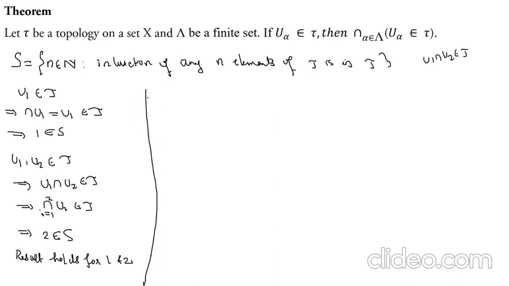So we use induction on n. We assume the result holds for n. That is, 1, 2, etc., n belong to S. This means the intersection over i equal to 1 to n of Ui belongs to tau. Now we consider the result for n plus 1. Consider the integer n plus 1.